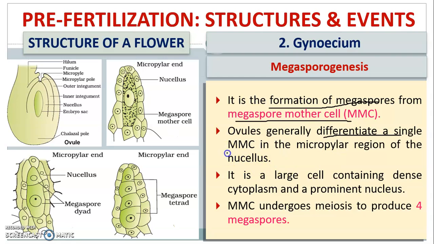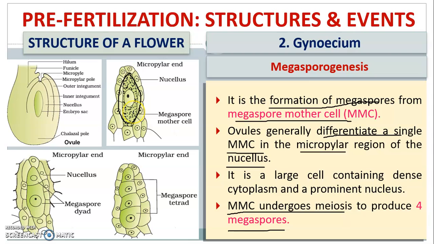So the ovule generally differentiates a single megaspore mother cell in the micropylar region of the nucellus. So look at this slide, this part is at the micropylar end, right? Now this single megaspore mother cell, large, having dense cytoplasm, undergoes meiosis and forms 4 megaspores.